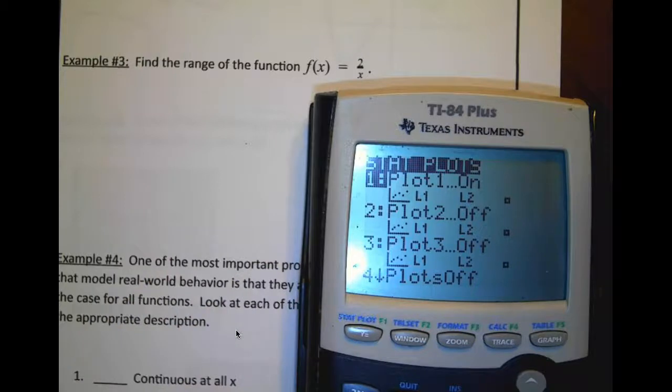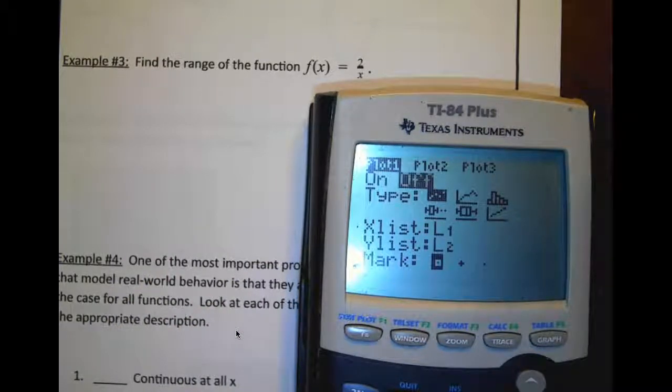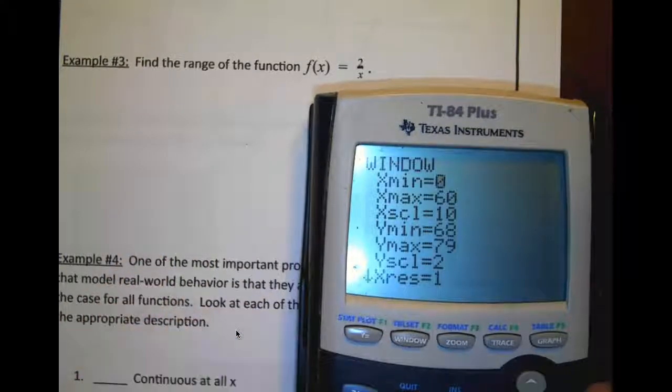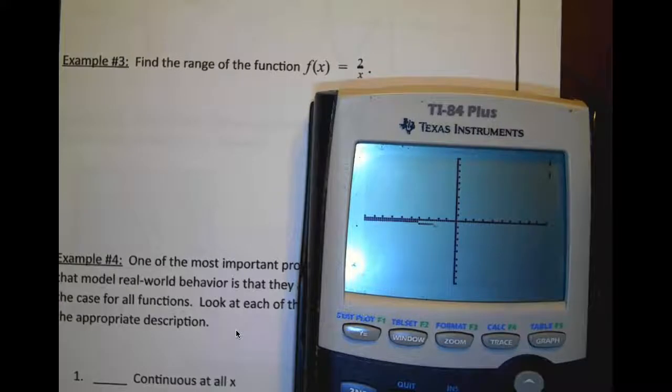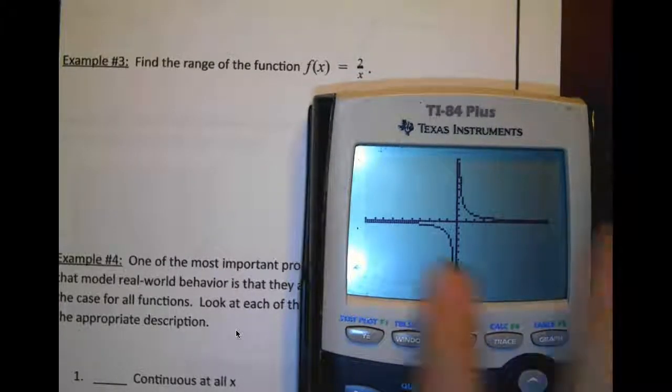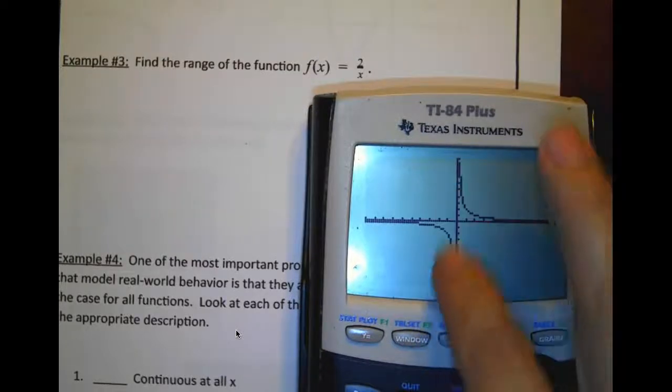I still have my scatter plot on from the previous class. And let me change my window. There we go.